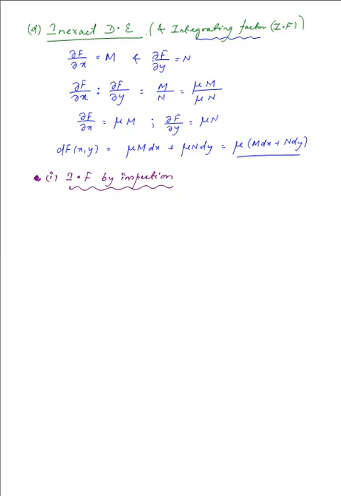Now, if we consider an equation of the form x dy minus y dx, and we multiply it with an integrating factor, suppose the integrating factor in this case is 1 by x squared.